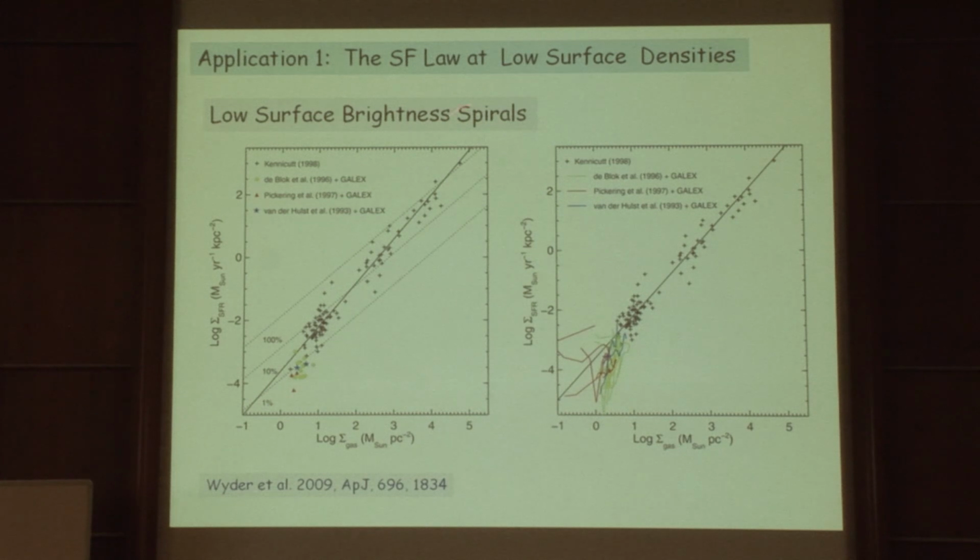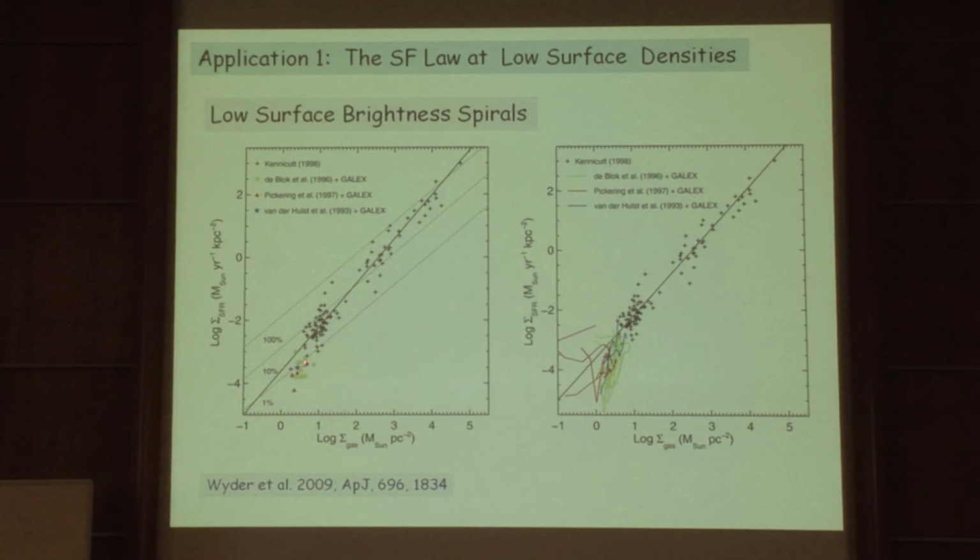This diagram is similar to the one at the beginning of the talk. Each point is the disk averaged star formation rate for a normal spiral, or normal spirals here, starbursts up here, and the colored points are a set of about a dozen low surface brightness objects where they were able to measure these quantities as well.